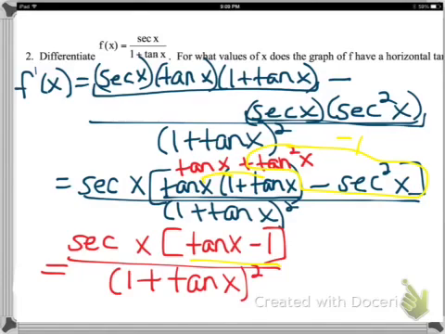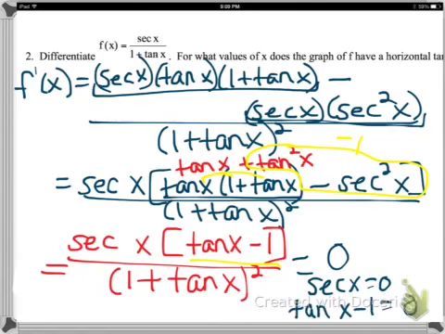And when does a fraction equal 0? When the numerator equals 0, so I'd set the numerator equal to 0. So the last step would be, I'd say secant equals 0 and tangent of x minus 1 equals 0, which should give me the values. When does secant equal 0? Never.